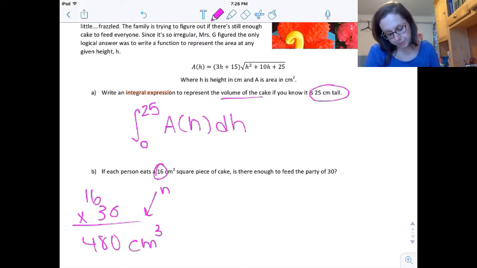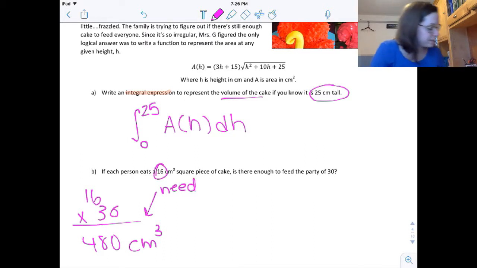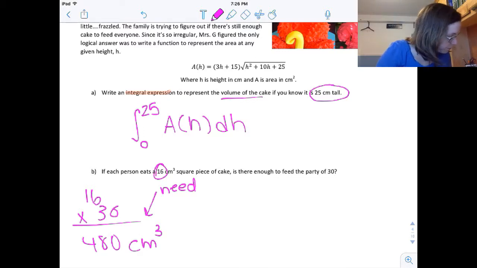Is there enough to feed the whole group? So I'm going to calculate this integral. I'm just throwing this into my calculator, math 9, 0 to 25 of 3x plus 15 times the square root of x squared plus 10x plus 25 dx.